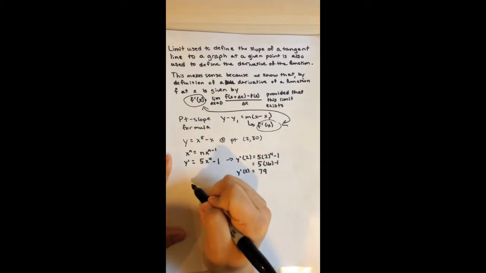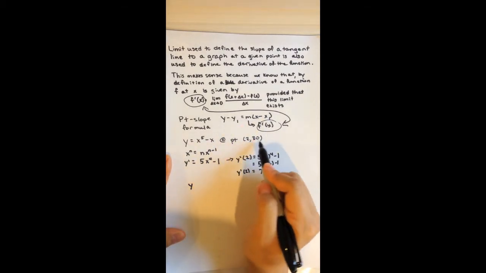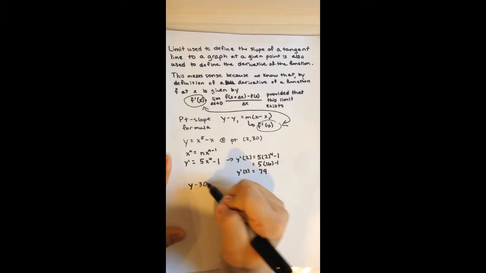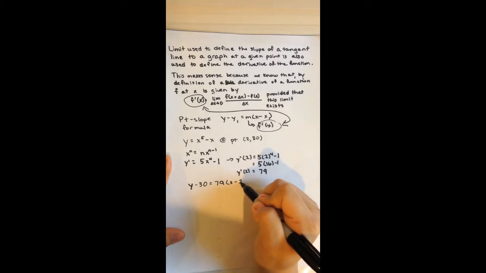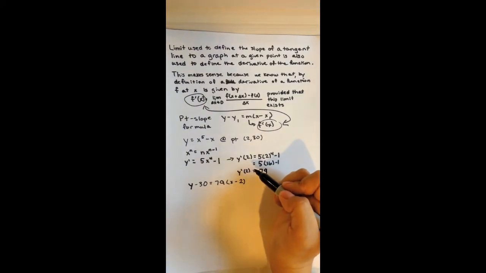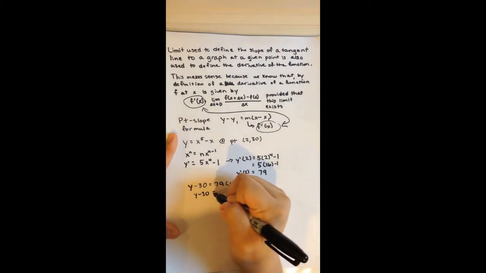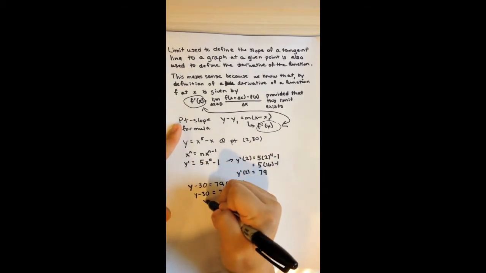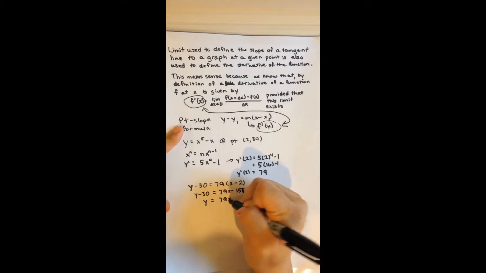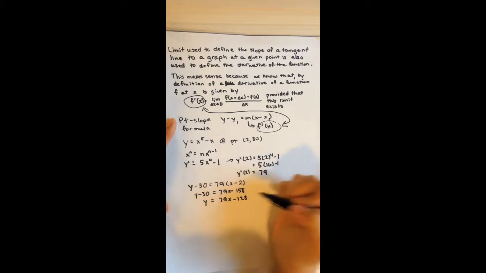Now we can write out the point slope form because we have our slope and our point (2, 30). So y minus 30 equals 79 times x minus 2, which when you solve it out becomes y minus 30 equals 79x minus 158, and then you get y equals 79x minus 128.